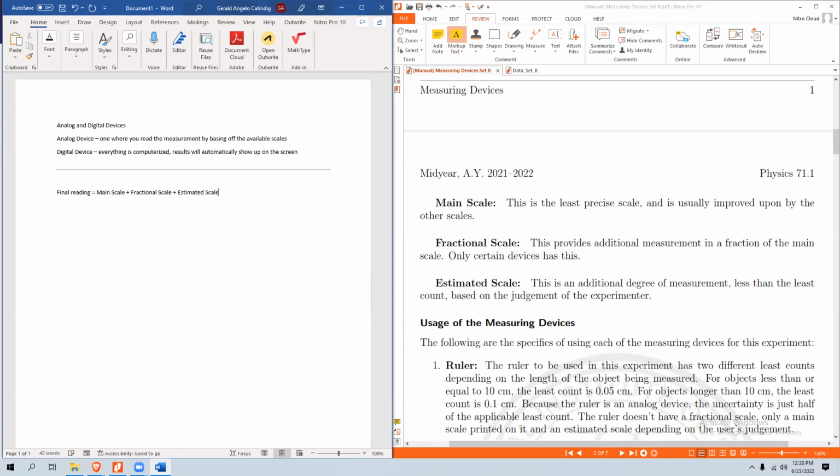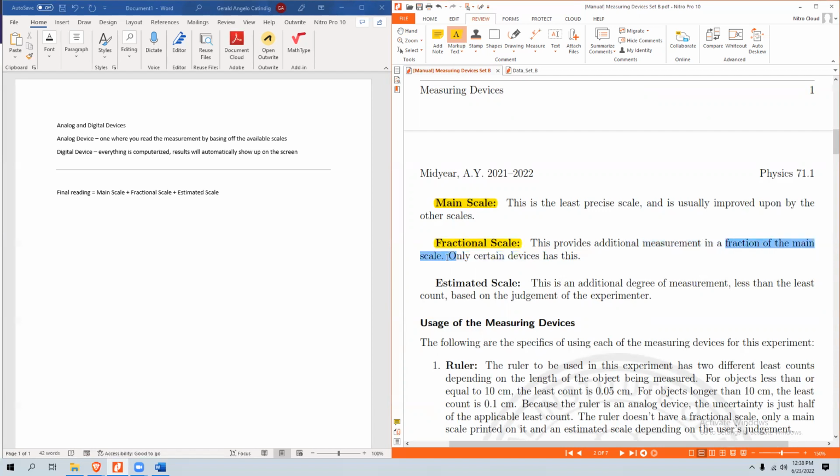So what are each of these scales? Basically, you have here your main scale. This is your least precise scale and is usually improved upon by the other scales. For each device, the main scale, fractional scale, and estimated scale may change. But in general, this is how they are defined. Your fractional scale is an additional measurement that is a fraction of the main scale.